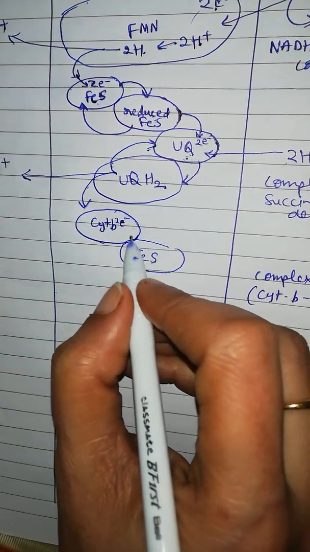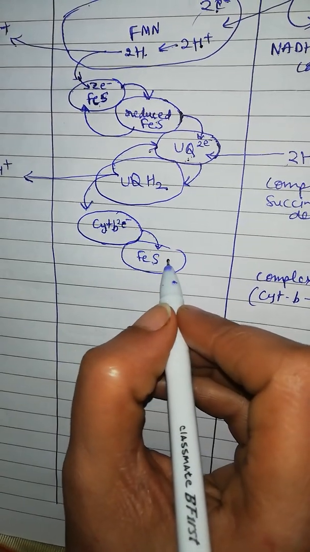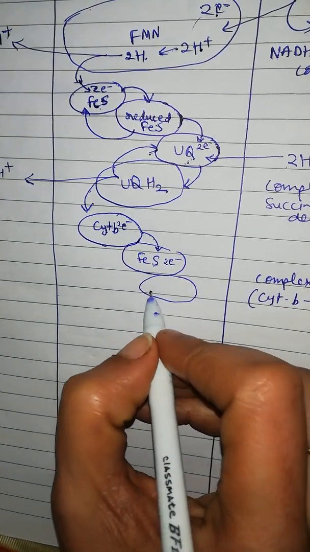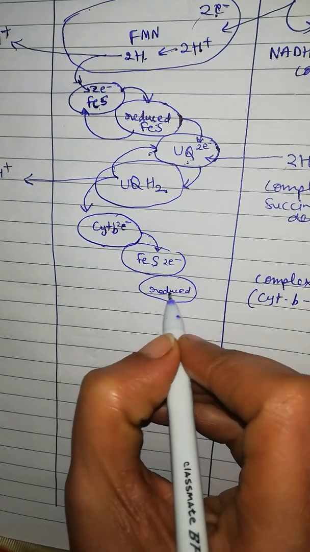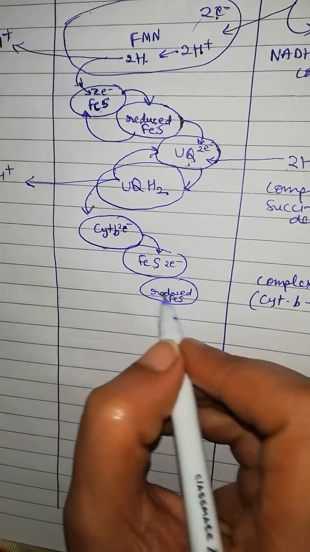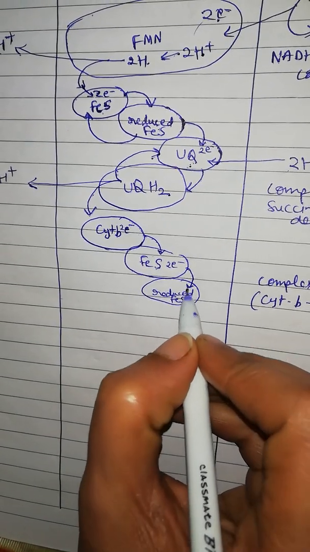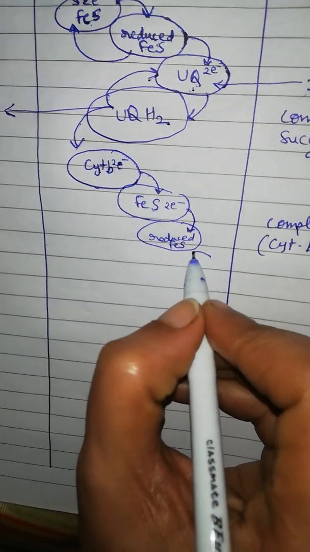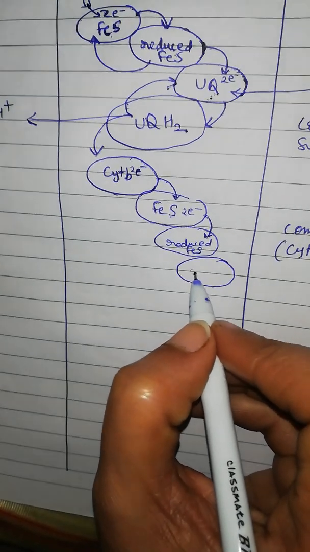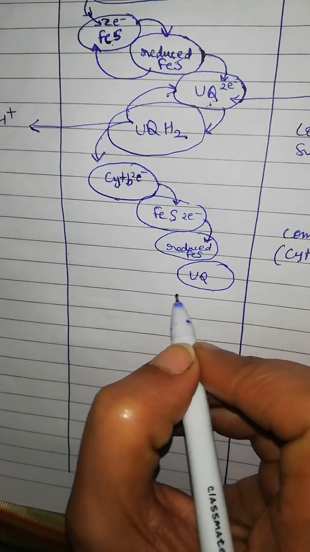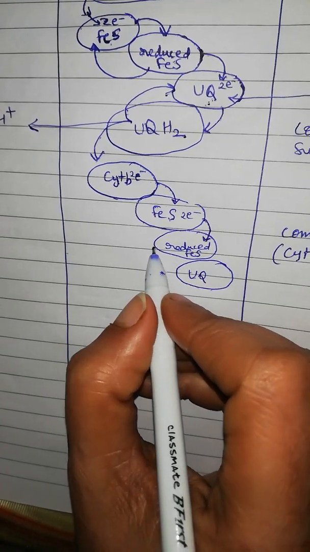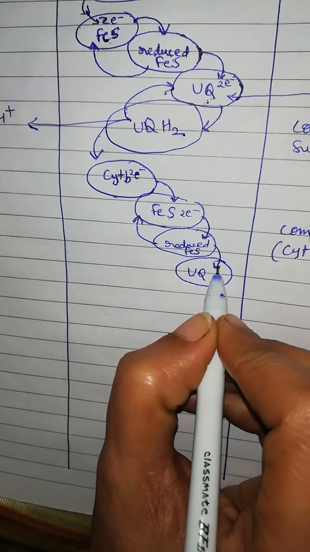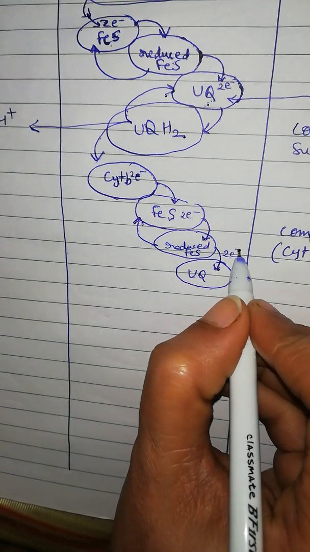When this FeS gains electrons, it gets converted into reduced FeS, and when this reduced FeS transports electrons to ubiquinone, it gets reoxidized to form FeS and electrons are gained by ubiquinone, 2 electrons.